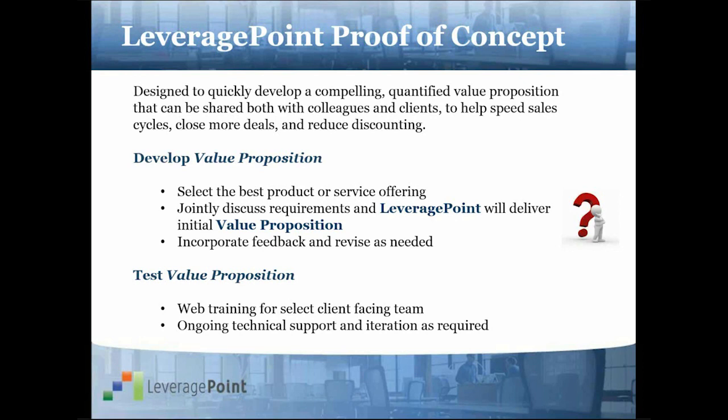And they're able to see the value proposition and then get feedback from the sales force about how it works and get some real information before signing up to be a LeveragePoint client. And we've had a lot of success with this process, and we're happy to talk with you about it.